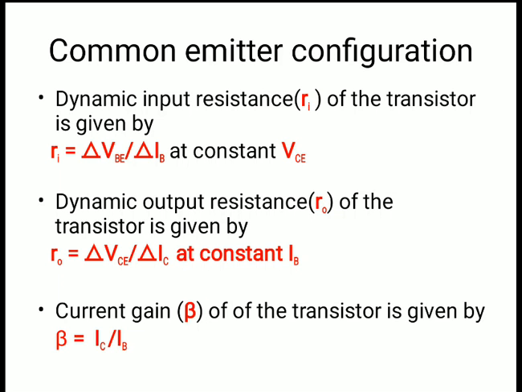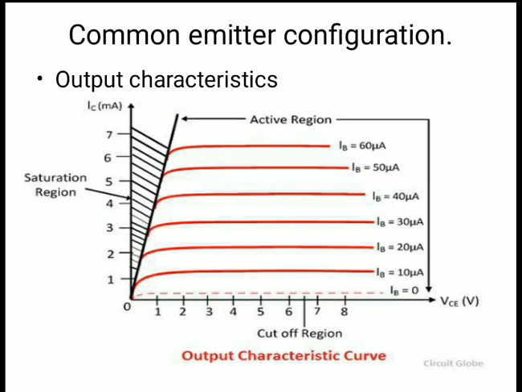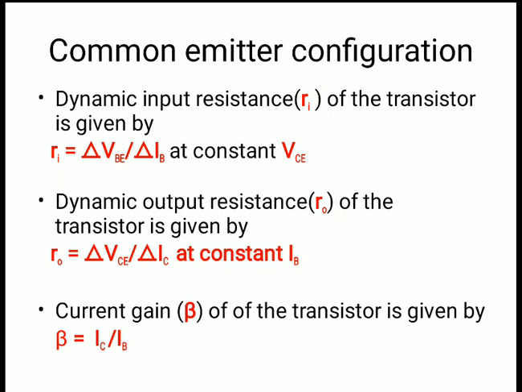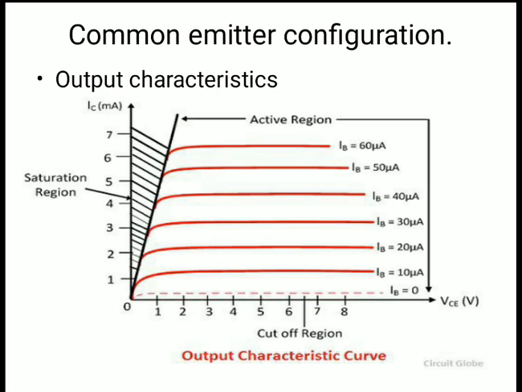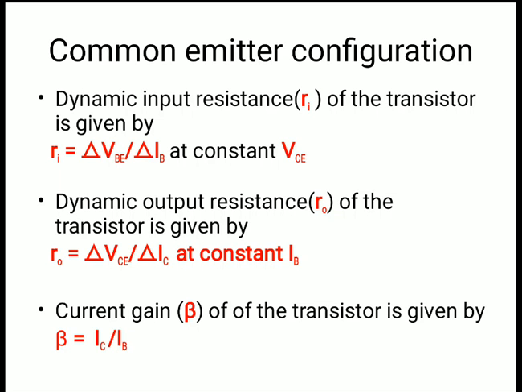For the dynamic output resistance, this is the output voltage VC and the output current IC, so Ro is del VC upon del IC at constant IB.